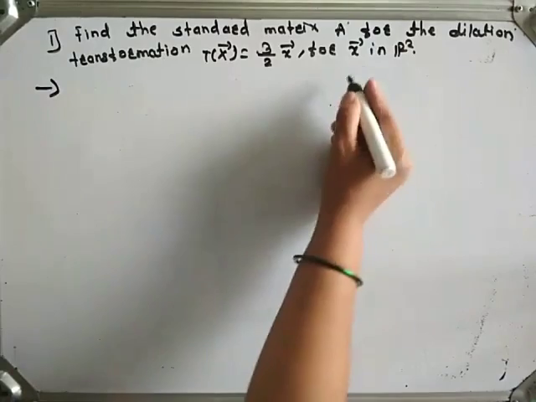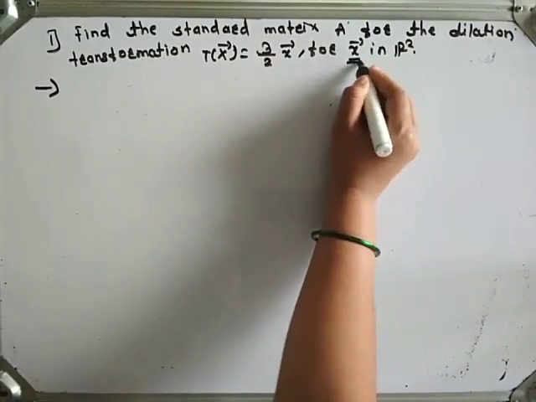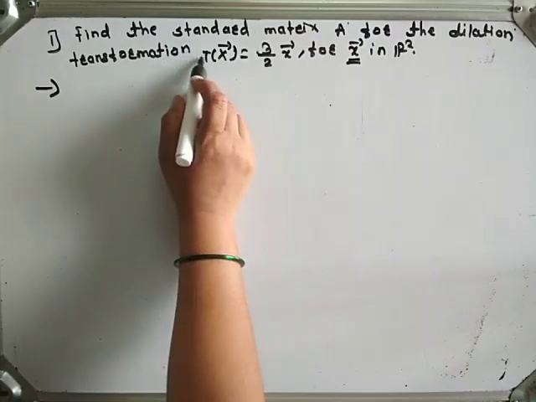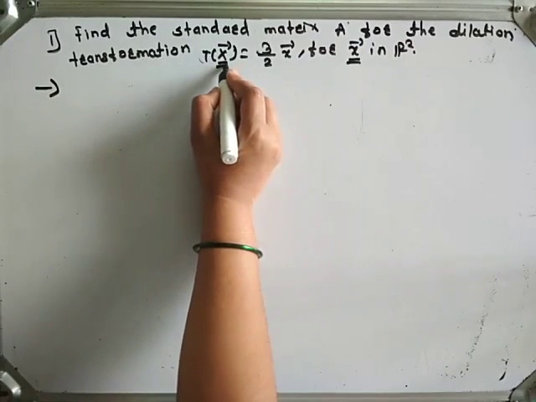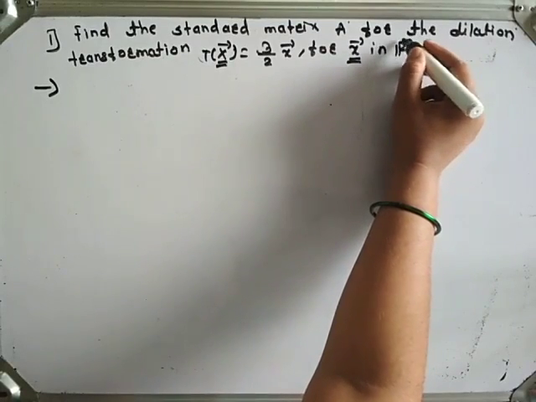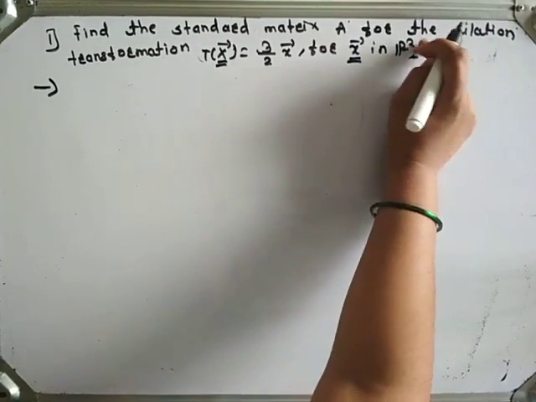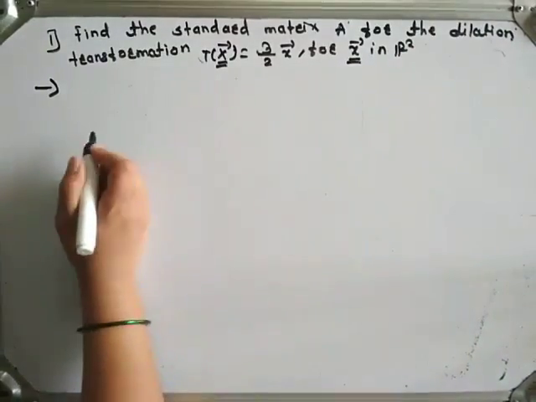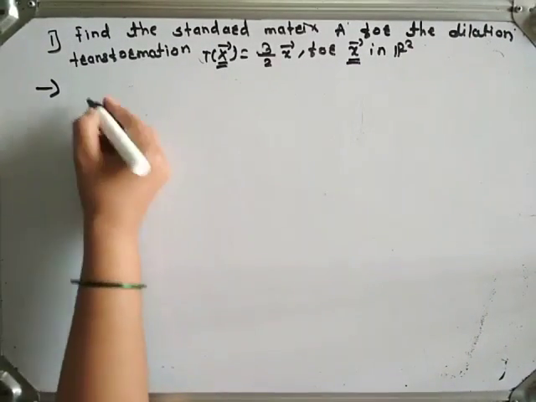Let us see the solution. See here, x bar is in R2 and the linear transformation is applied on x bar. So the domain for the linear transformation is R2, whose dimension is 2. Here we require two standard basis vectors, E1 bar and E2 bar.